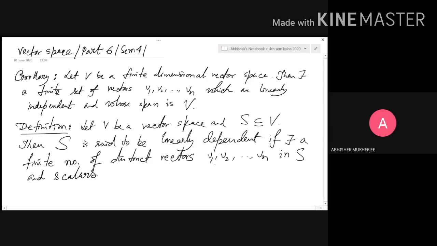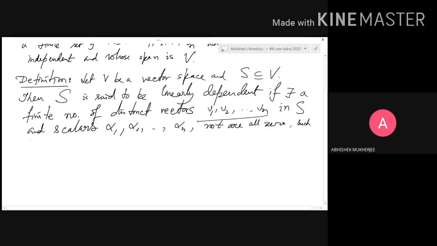Since we are getting n vectors, we shall get n scalars: alpha 1, alpha 2, ..., alpha n, and these scalars are not all 0, such that the linear combination of these vectors with respect to these scalars is the null vector theta.